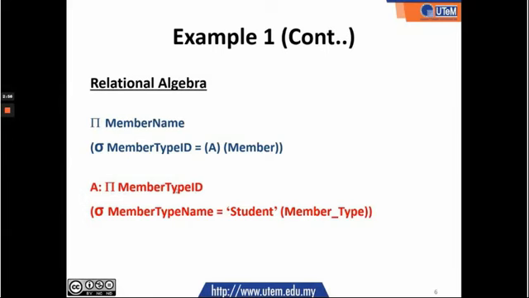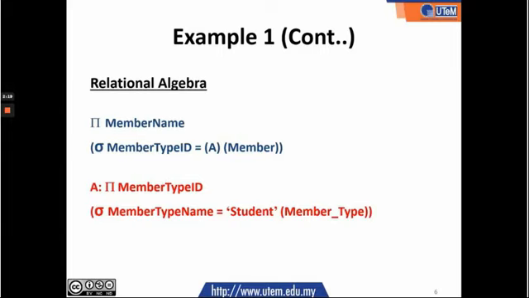This member type ID is from our member type table. Same as our member table, we need to insert the open and close parentheses. Then we need to insert the query conditions. This is equivalent to our SQL statement where member type name equal student. And the last one, we need to enter the open and close parentheses to complete the inner query statement of our relational algebra.